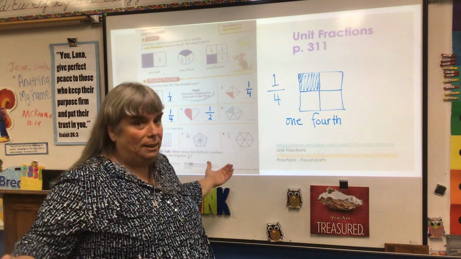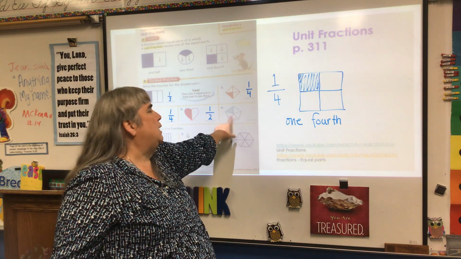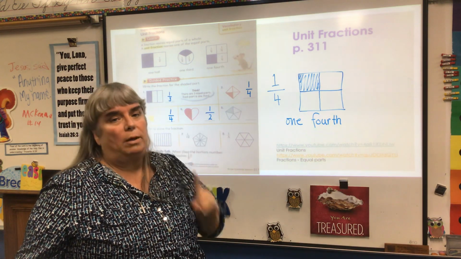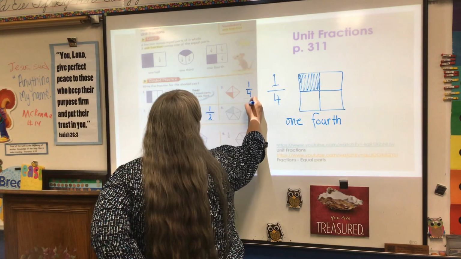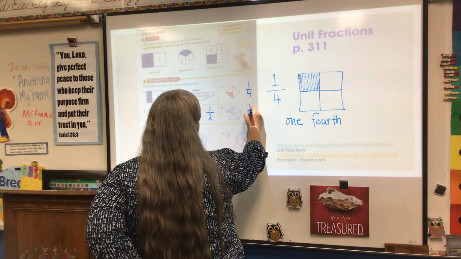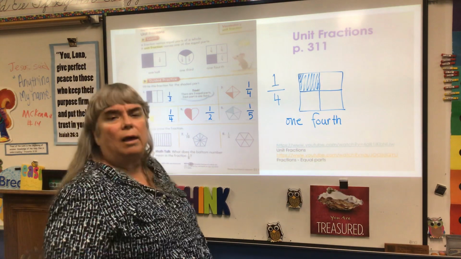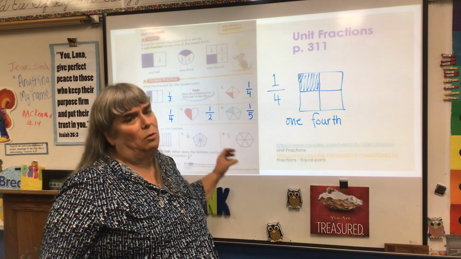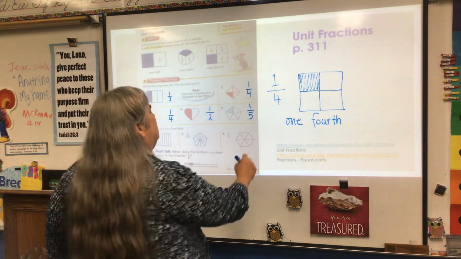Okay, we have a pentagon. The pentagon is divided into 5 equal parts, and one of them is shaded. So the way that I'm going to write that is 1/5. Fifth is one of those ones when you write it down that you don't write 5ths. So let me show you how that looks.